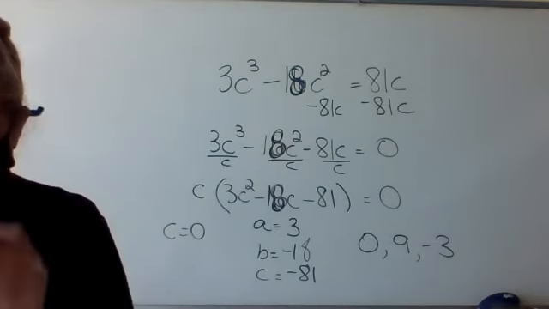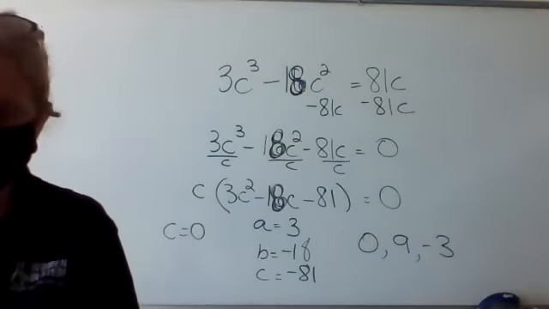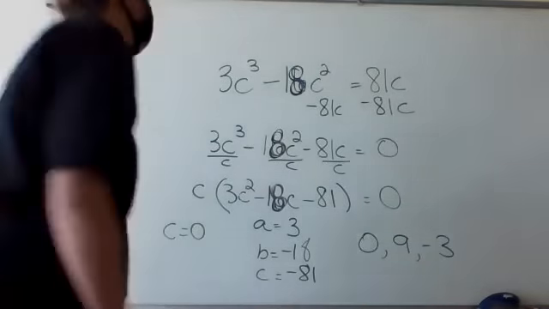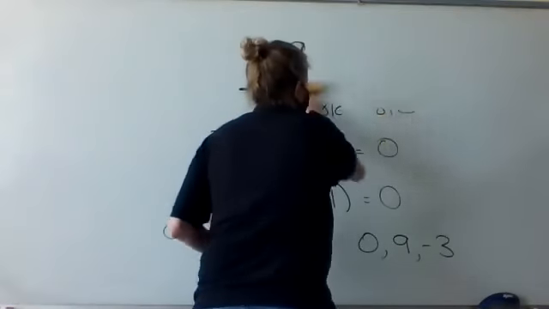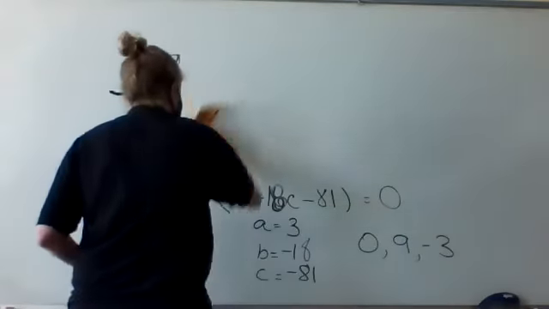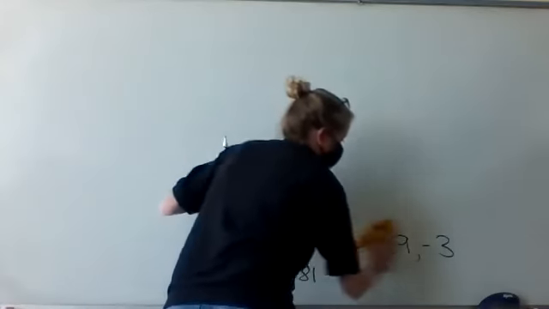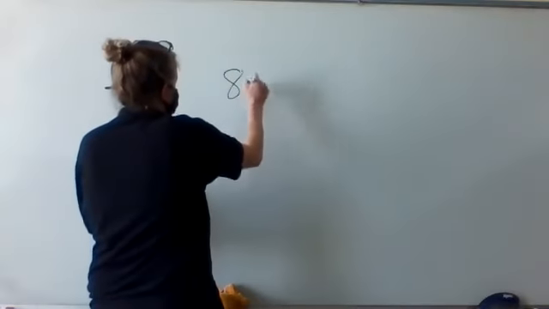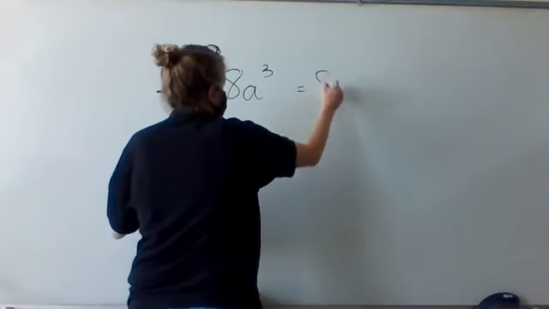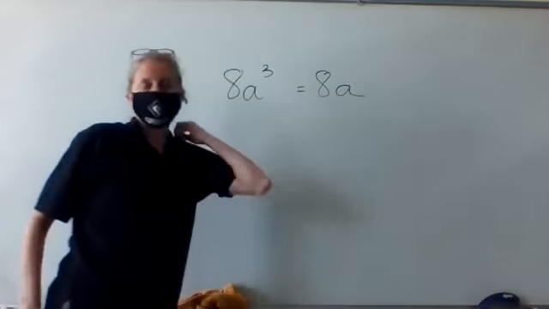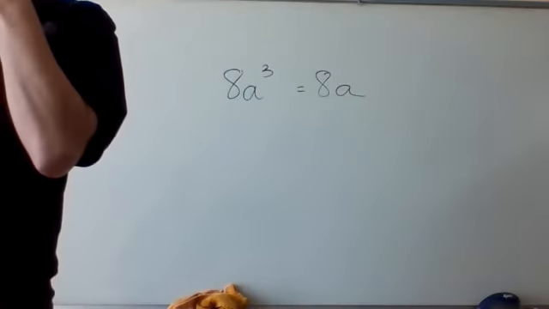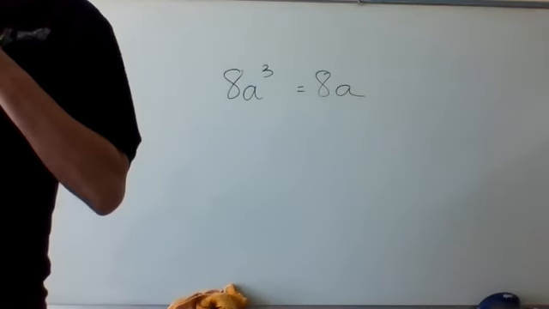All right, number 6. This is the last one. 8a to the 3rd equals 8a. All right, it's not quad yet because it's not squared, but hopefully I can turn it into quad.